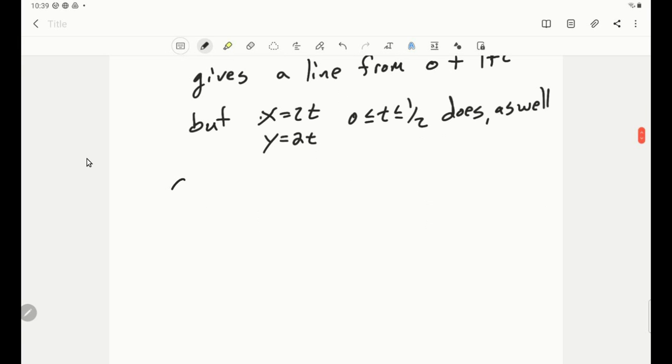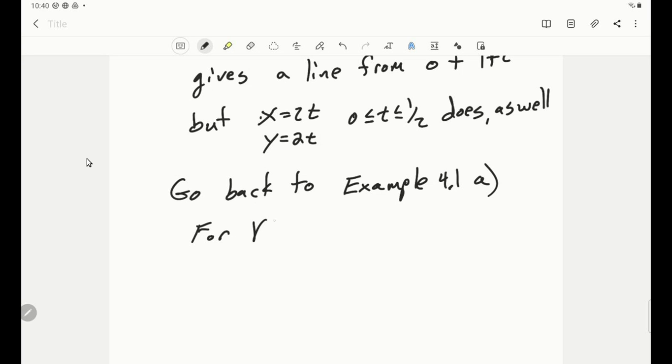So now let's go back to example 4.1 and we'll use A here since we're using the straight line. Okay, remember that of course you don't remember, but you can look it up.